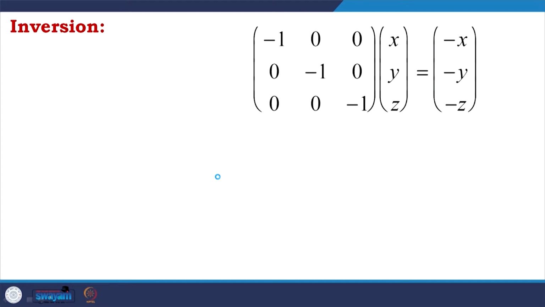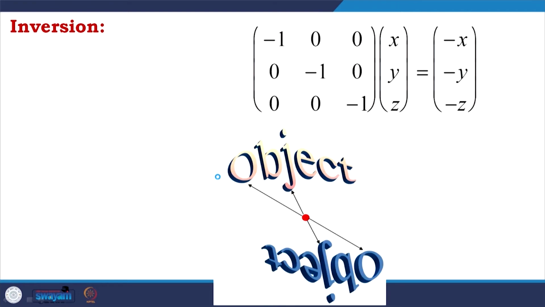Now, let us see the symmetry inversion, where if you see all the coordinates are changed, x, y, z converted to minus x, minus y, minus z. So, there would be a point, and if you measure, every position would be equidistant from that. So, this distance would be the same as this distance.